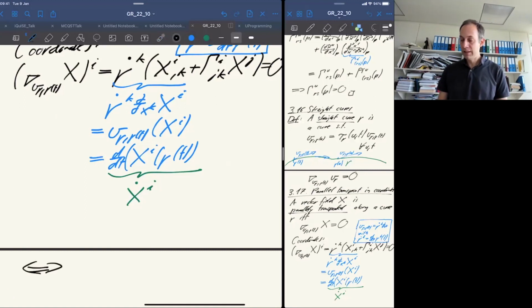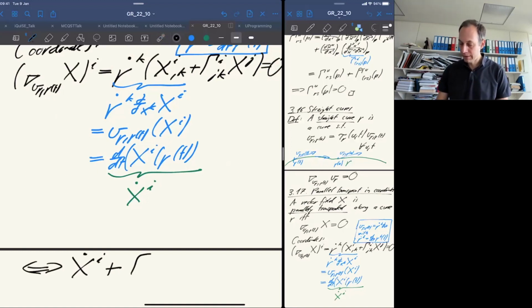So I can now say that the condition for parallel transport, so this equality that this is zero, is equal to x dot i plus, so that x dot i took care of this whole thing here. Then of course the gamma dot has to be applied to the second term as well.